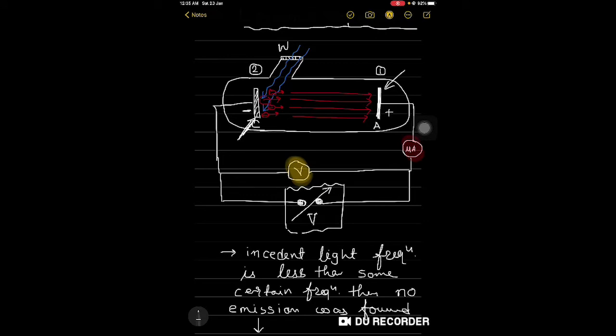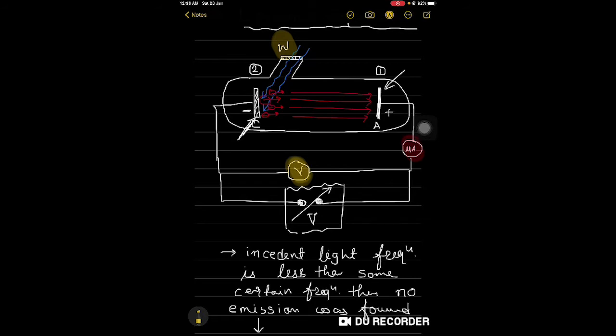Monochromatic light from the source S of sufficiently short wavelength passes through the window W. So here the window W is also shown. It passes through the window W and falls on the photosensitive plate C, which is also called the emitter.